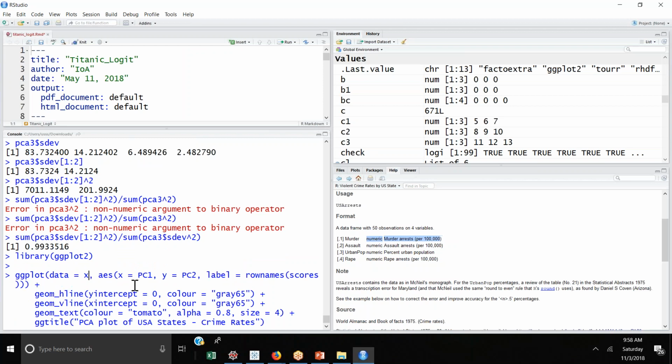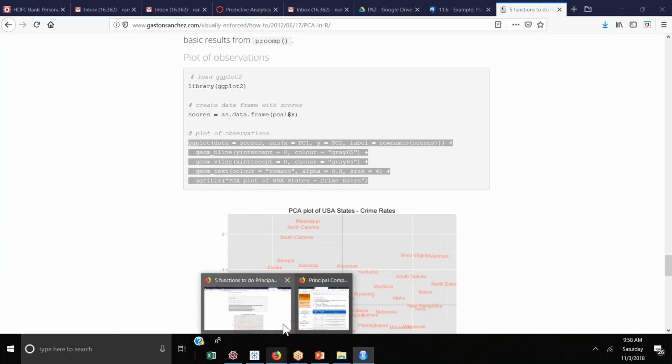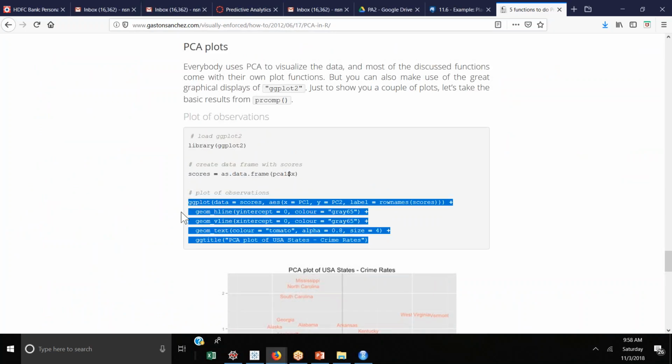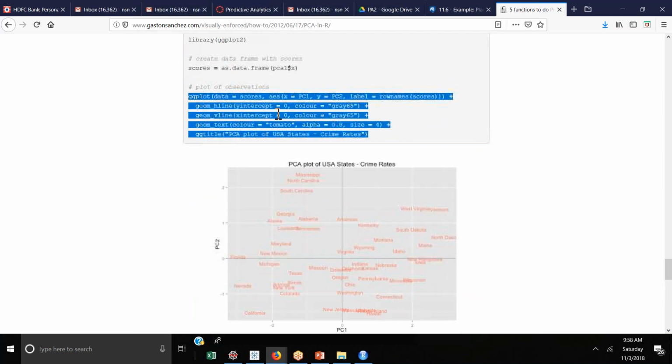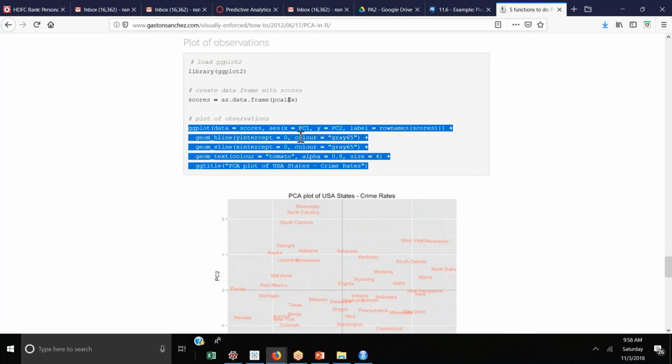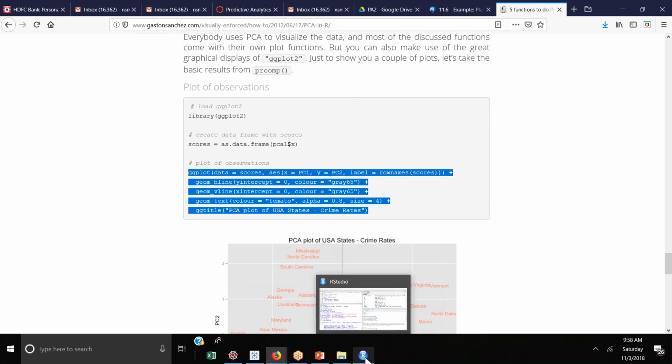Instead of scores, I have to put x because x is this. Scores is same as PCA1 x. Yes, it is a vector. Scores, and then aes x equal to PC1, y is equal to PC2.